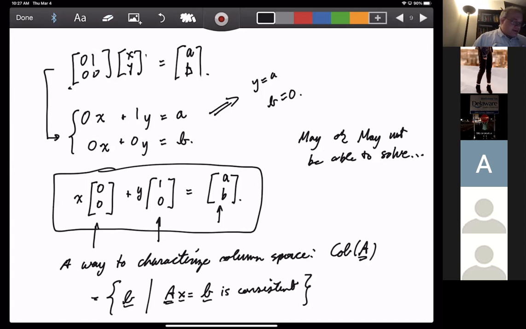In other words, as long as I can solve Ax equals b, then that vector b is in the column space.